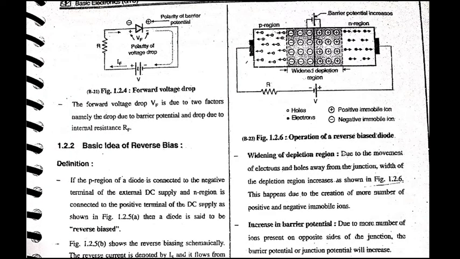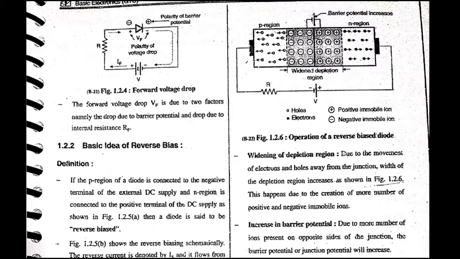Here the width of the depletion region keeps on increasing. As you can see, the electrons move towards the positive terminal and the holes move towards the negative terminal from N side and P side respectively. So the current here is all due to the minority carriers.